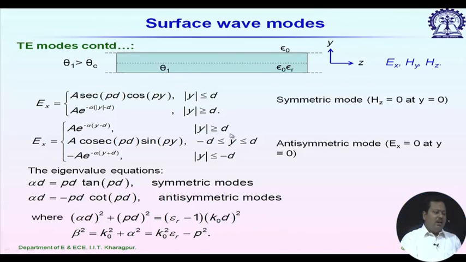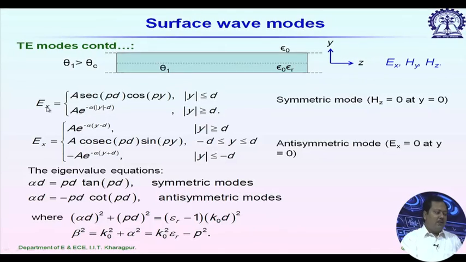For the TE modes we can also solve similarly, and we also have symmetric modes and antisymmetric modes. For the symmetric mode, Hz equal to 0 at y equal to 0 on this plane, and for the antisymmetric mode Ex equal to 0 at this plane, and we have a similar variation of the electric field component Ex like the Hx variation of TM mode.